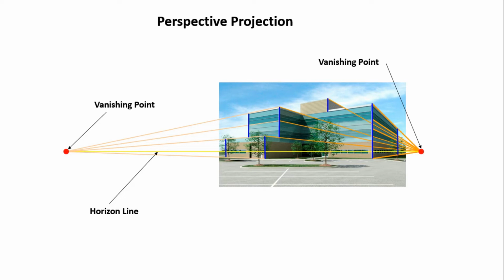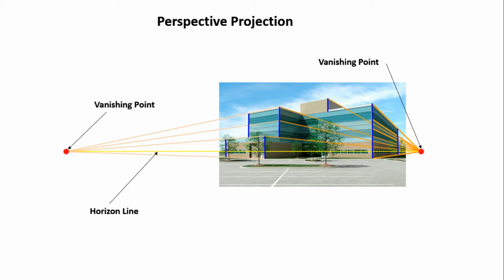The horizon line is similar to the horizon that we see if you watch a sea from the seashore. There will be an almost straight line where the sea appears to be vanishing.